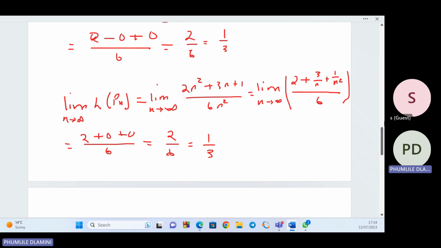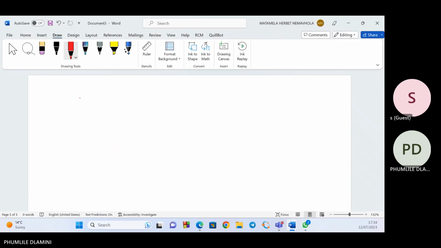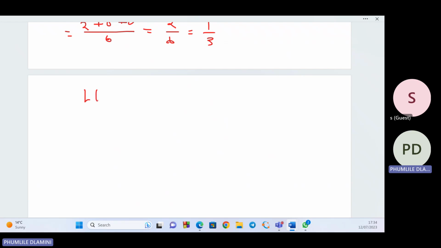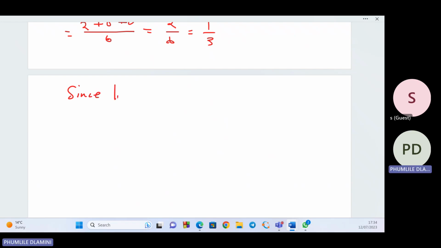the limit. Now the last step, the second step that we are going to do, we are going to say since the limit when n approaches infinity of U of Pn is equal to the limit when n approaches infinity of L of Pn, which is equal to 1 over 3.